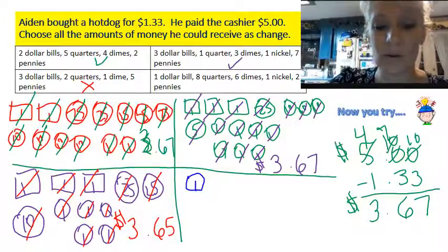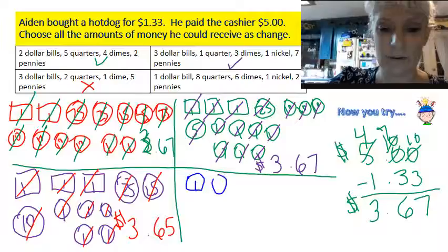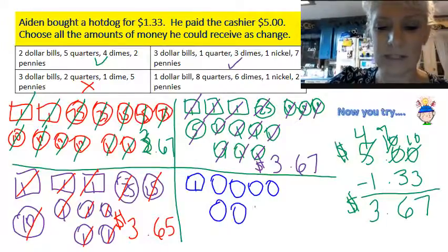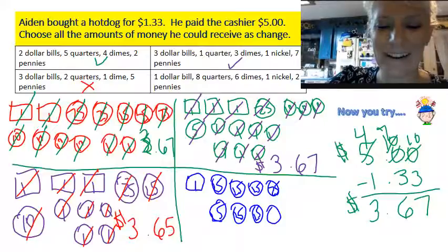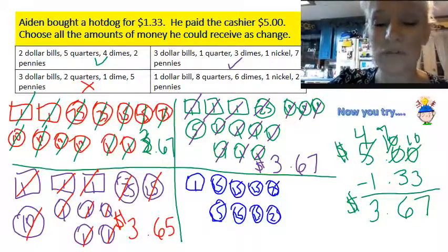$1 bill. We have 8 quarters, 1, 2, 3, 4, 5, 6, 7, 8. And inside here is 25. My 25s are looking a little messy. All right, and you know what I'm going to do before I even move anymore?